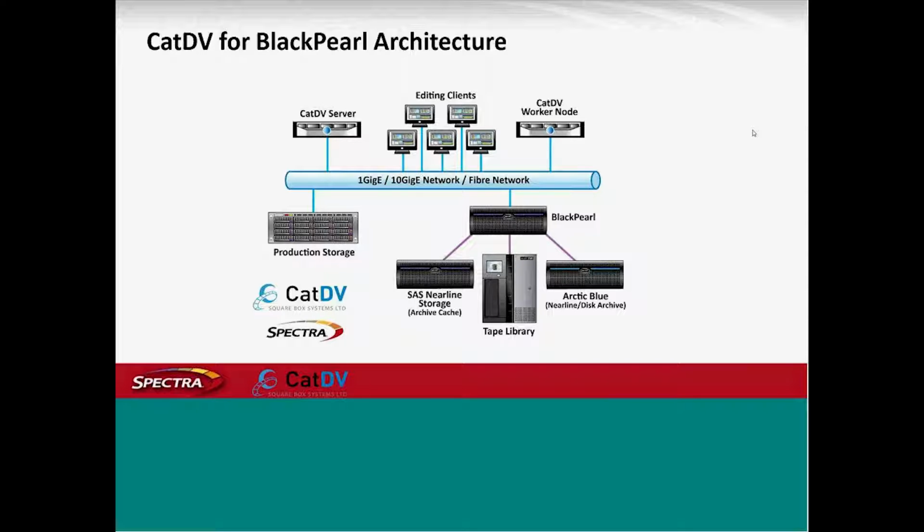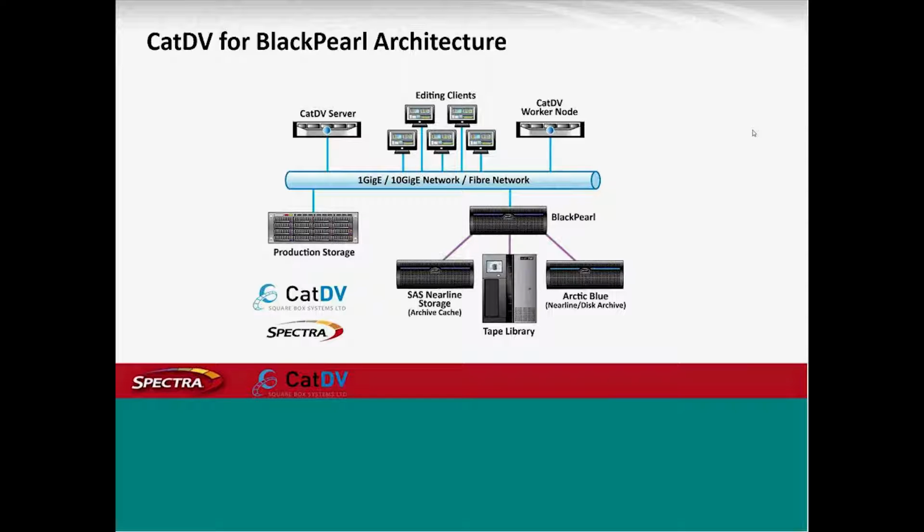As Dave showed in the interface for CatDV, you can just choose to archive directly to BlackPearl, and it'll talk directly to the BlackPearl itself using the commands that BlackPearl understands from CatDV.